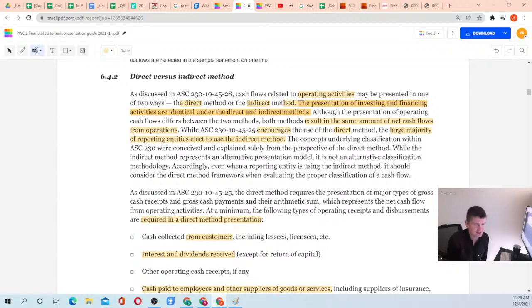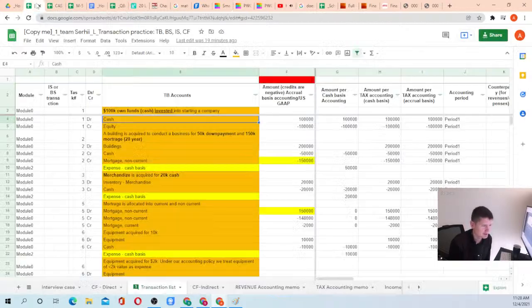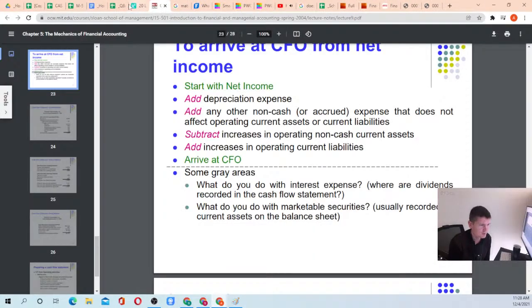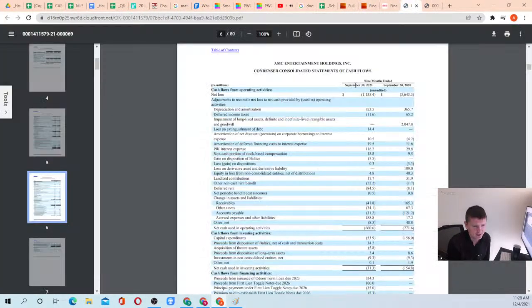So basically that reconciliation of operating cash flow to your net income is what we are doing in the indirect method. So when we run our indirect method cash flow, here is net cash used in operating activities, here is the net loss, and these all are reconciling items.